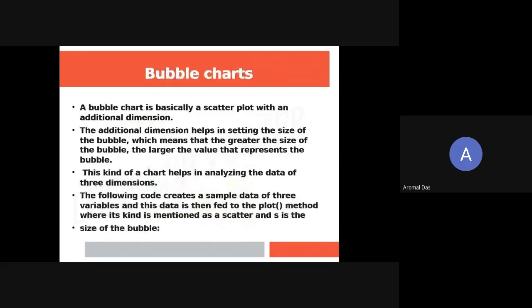Next one is the bubble chart. A bubble chart is basically a scatter plot with an additional dimension. The additional dimension helps in setting the size of the bubble, which means that the greater the size of the bubble, the larger the value that it represents.